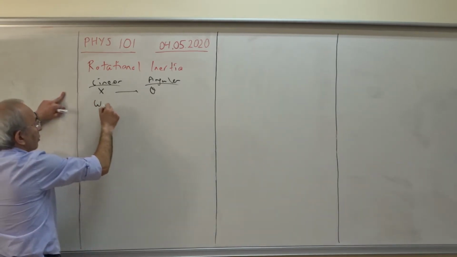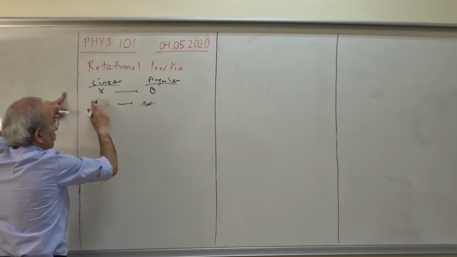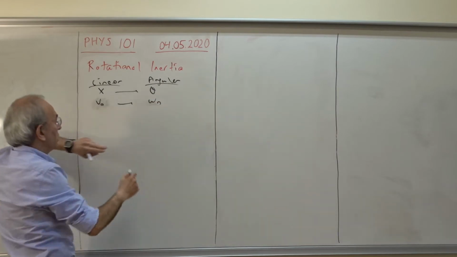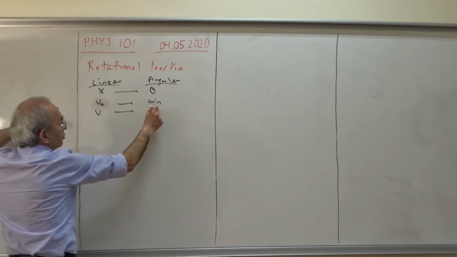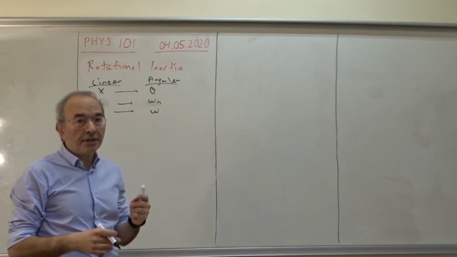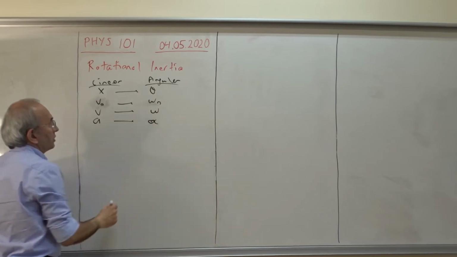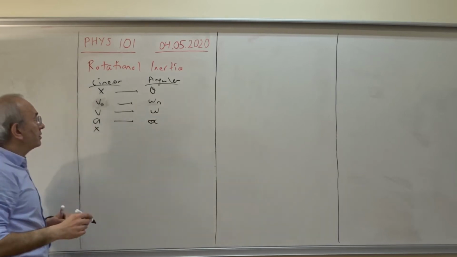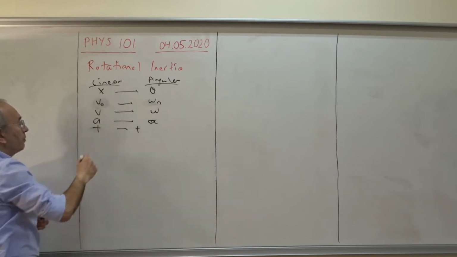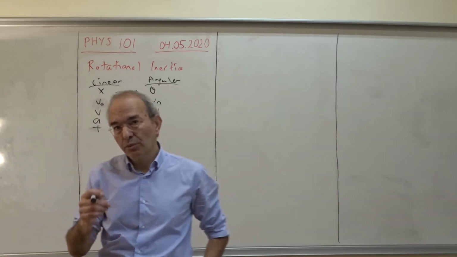Initial speed v0 corresponds to omega 0, and final speed v corresponds to omega. Time is again time, but linear acceleration corresponds to angular acceleration alpha. So these are the first basic things and their counterparts in the angular motion.